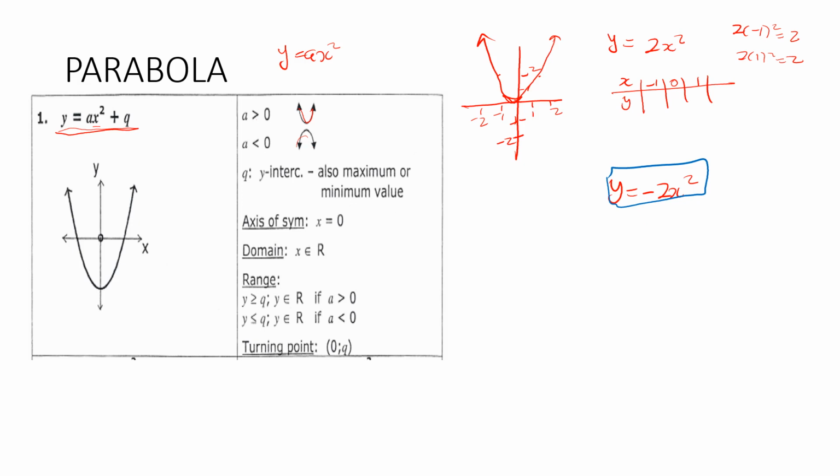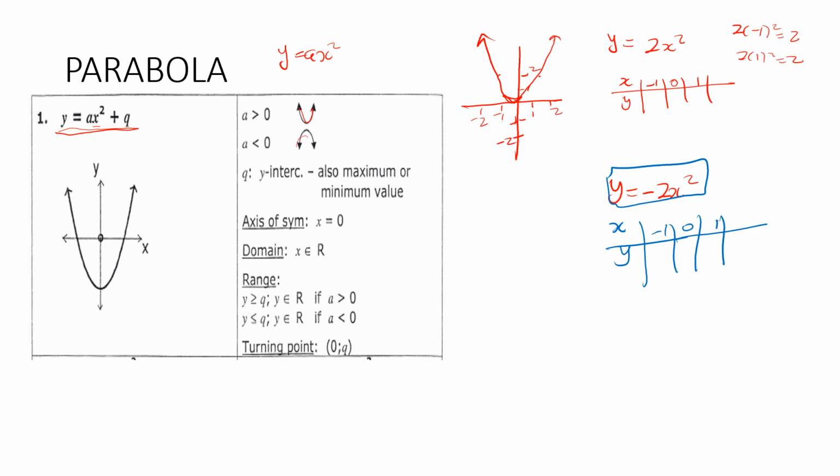If we're here, we can use the same x and y table, and then we'll have our three values: 0, minus 1 and 1.